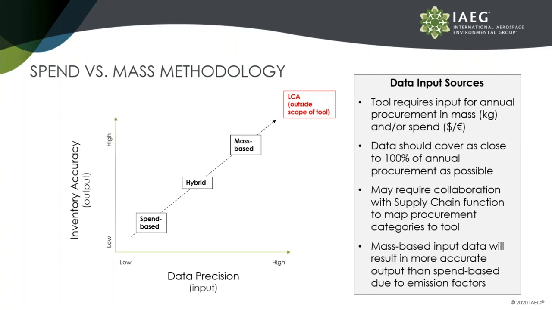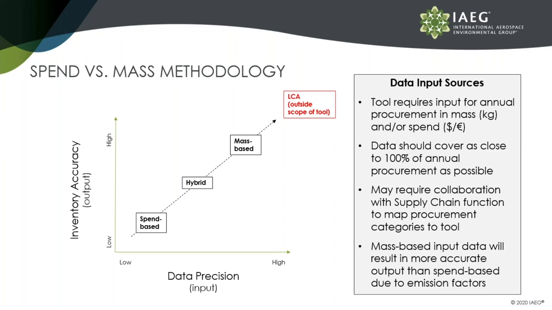but it produces the least precise of the three emissions inventories that the tool presents. If you go with a mass-based approach, it's the most data intensive. It takes some effort. To collect all that data on all of the materials that were used as inputs into products, particularly in large aerospace companies, is a substantial undertaking. But it does provide more precision.